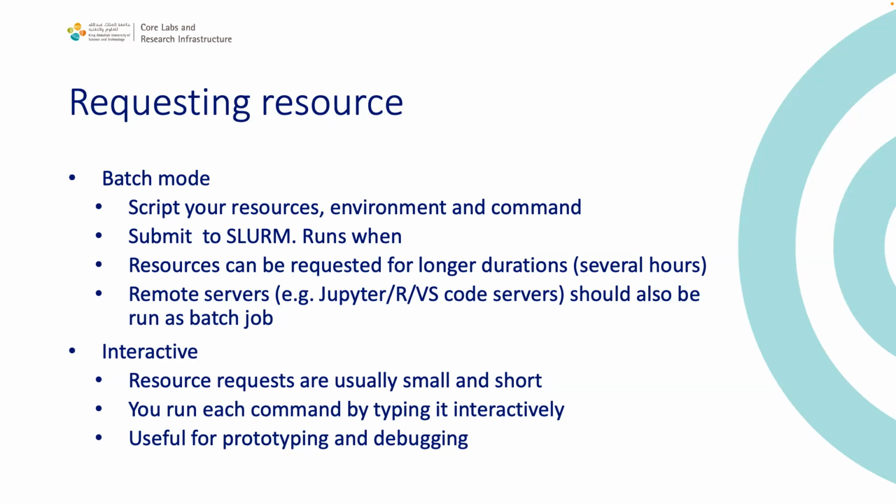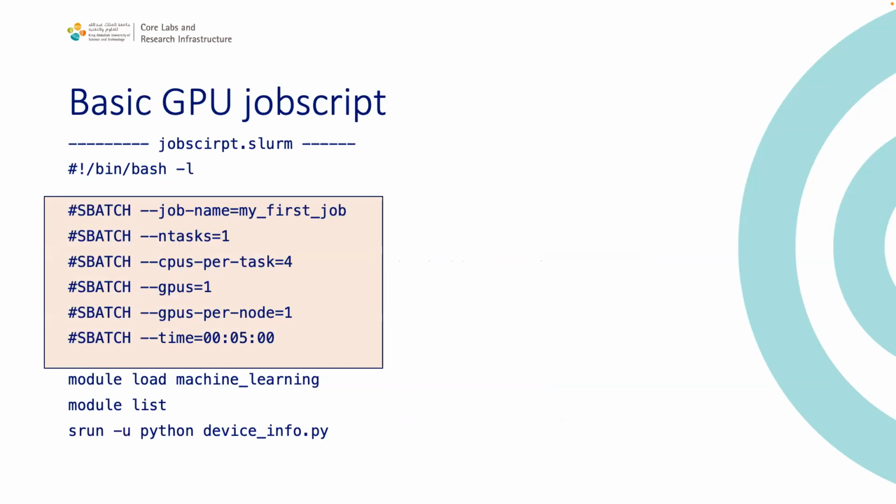Now, let's talk about the basic job script. This is the language that Slurm talks. You need a hashtag SBATCH to say, okay, I want this identifier for my job name. I need one task. Maybe you're running one program, or you have 64 different tasks that you have to run in parallel, and so on and so forth. You can specify how many GPUs per task.